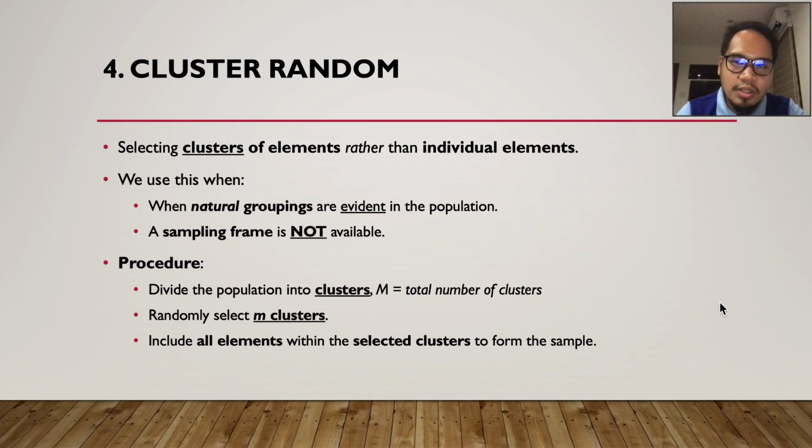First geographical, they choose a locale, followed by choosing high schools from those locales, and then followed by choosing senior high school sections in those schools. So that's how they use multi-stage sampling.